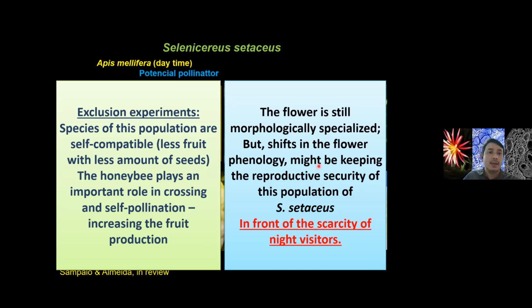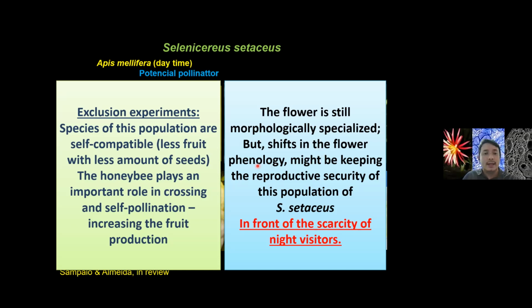Because in the absence of the nocturnal visitor, there are many hypotheses about how the moths are suffering in this time, close to cities or other many issues that are impacting the life of these insects.